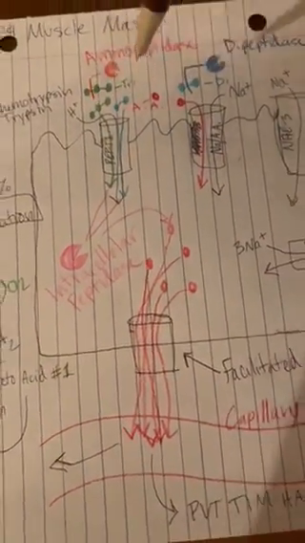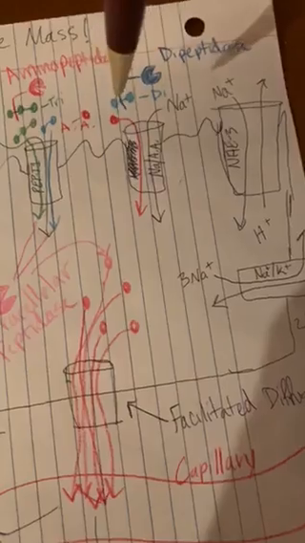The first cotransporter we have is PepT1, where tripeptides and dipeptides are brought into the cell with a hydrogen ion. Next, we have the Na amino acid pump, which is also secondary active transport, and this allows amino acids to enter into the cell with a sodium ion.